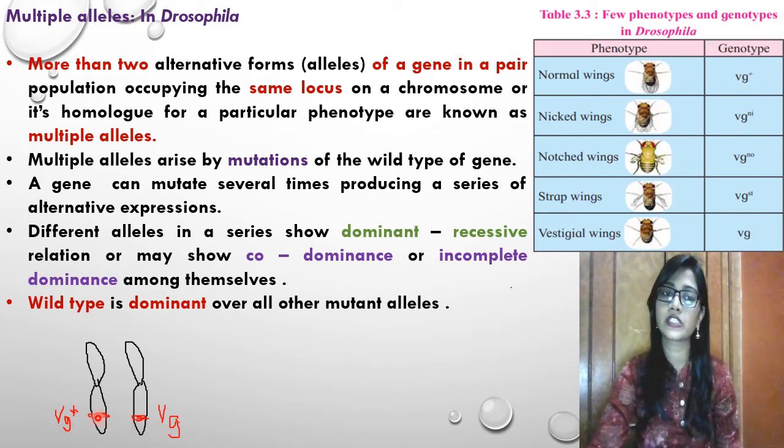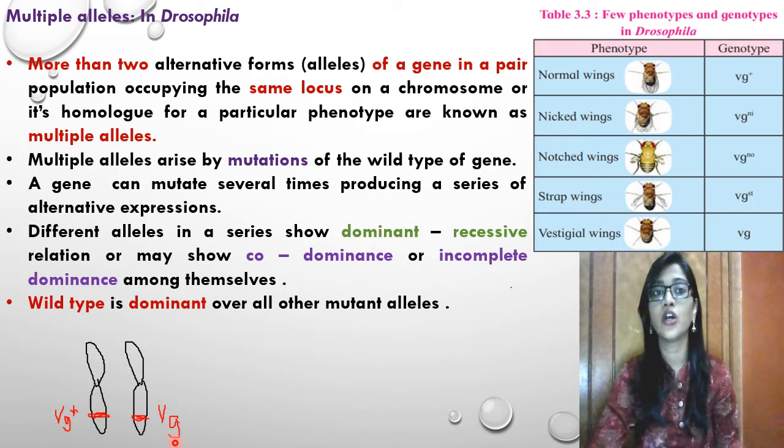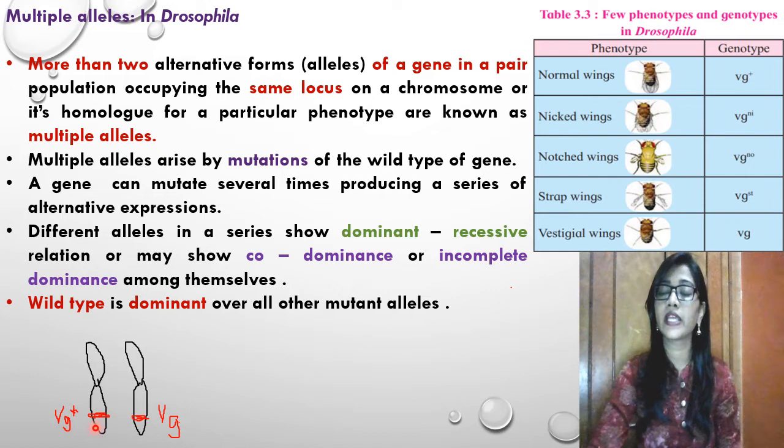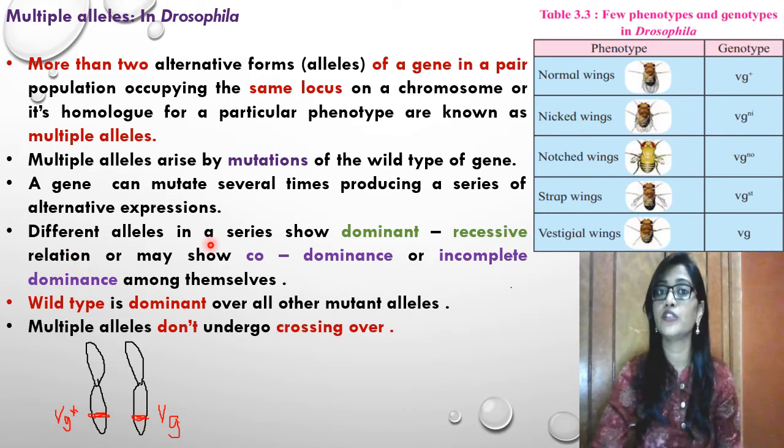If this type of homologous pair is present in the Drosophila, of course vg plus will get expressed and not vg, because vg plus is the dominant, wild character, while vg is recessive. So always the dominant characters get expressed, while the recessive characters don't, in the dominant and recessive relation in different alleles also.